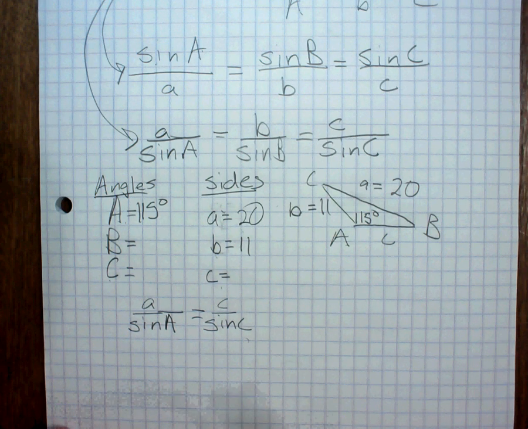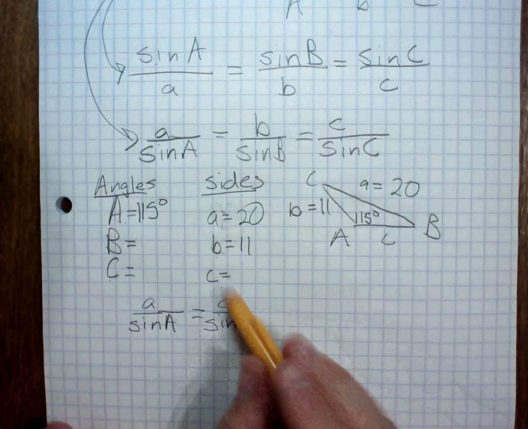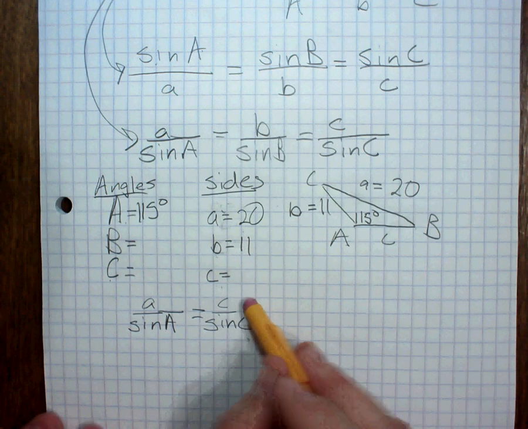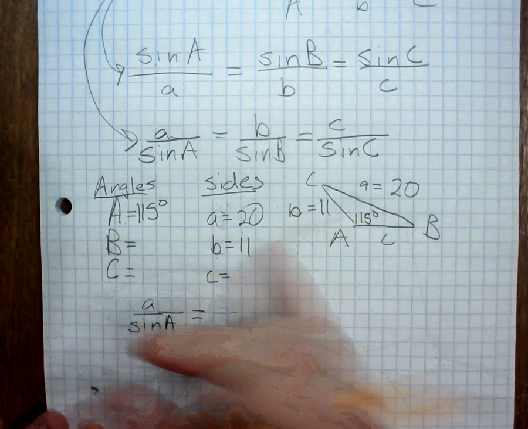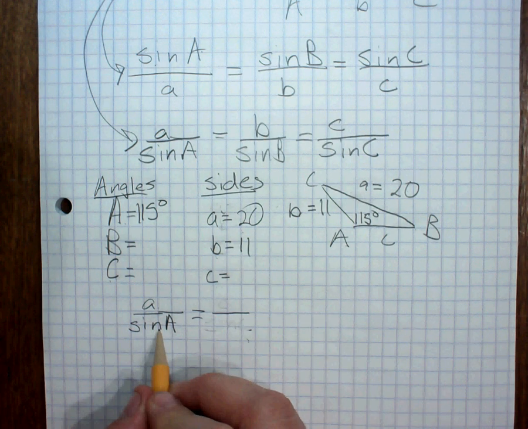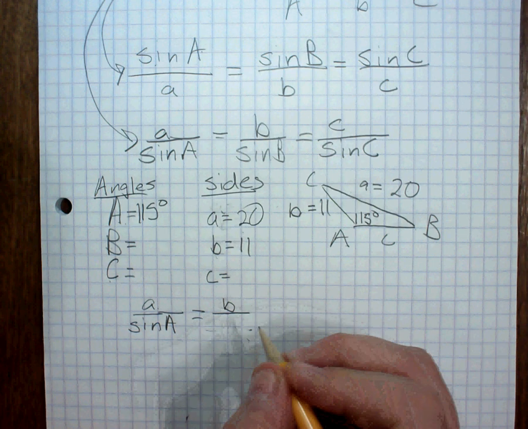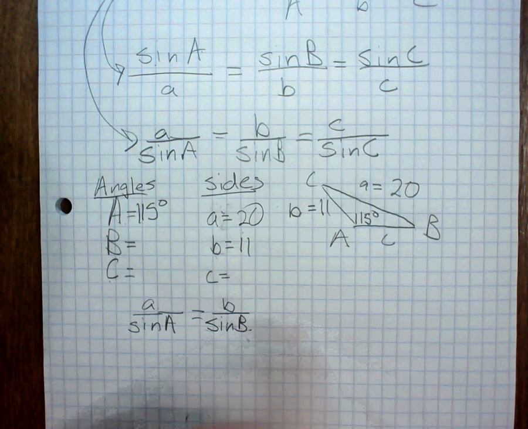So this is probably not going to work. See, I was trying to find c, but I can't find it, so I'm going to have to take a different approach. Maybe I know this information, right? I know this and this. I could plug something in. The only other thing that I have is B. So I'm going to have to solve for sine of capital B.